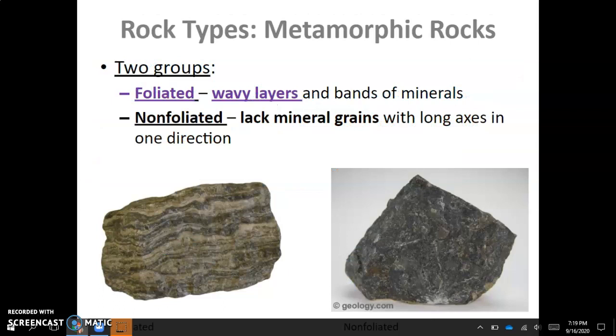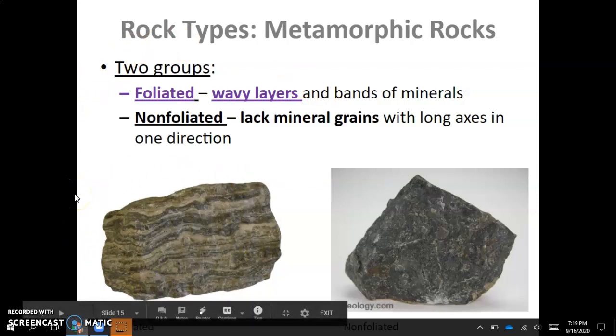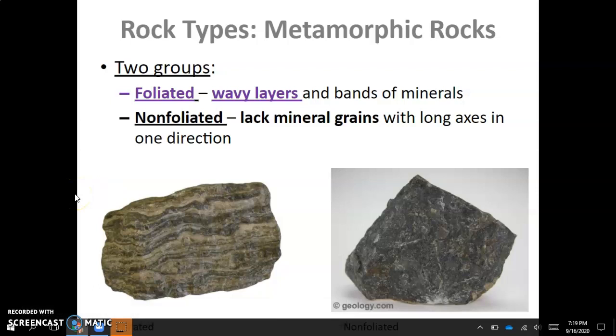There are two types of metamorphic rocks we have to know about. There's the foliated, and foliated rocks have wavy layers and bands of minerals. So our foliated rock is down here on the left-hand side. And then we have non-foliated, which lacks mineral grains with long axes in one direction. Foliated metamorphic rocks are pretty easy to point out because they have these really wavy bands in them.